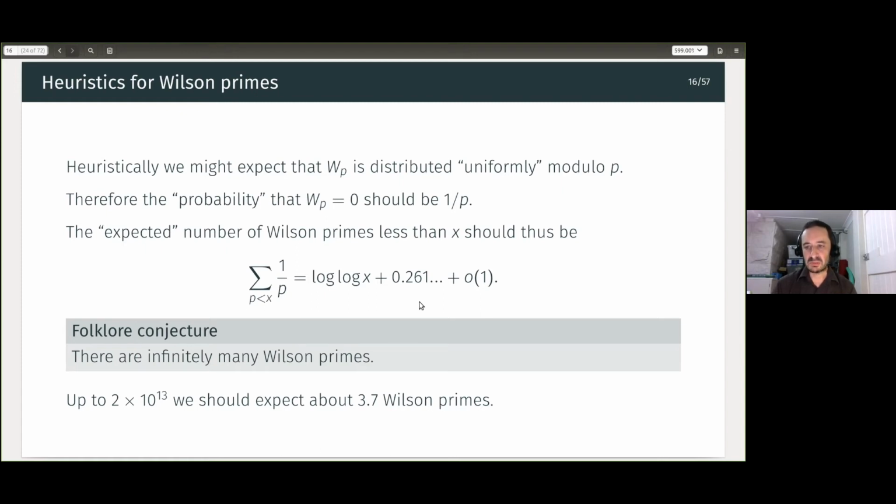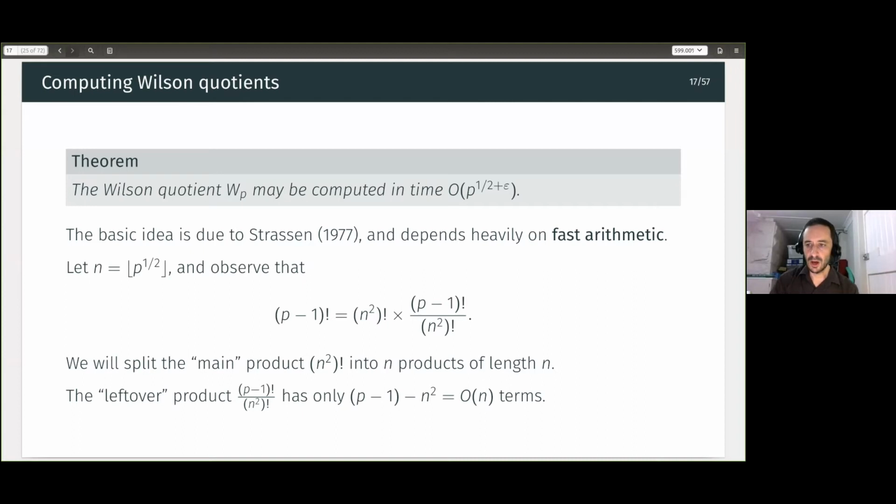But anyway, you would expect that the probability that you get 0 is 1 over p. So according to these heuristics, this log x growth, we should expect about 3.7 Wilson primes up to 20 trillion. And in fact, we've seen 3. So these heuristics are pretty reasonable. Okay, I want to talk a little bit about algorithms for computing these Wilson quotients.